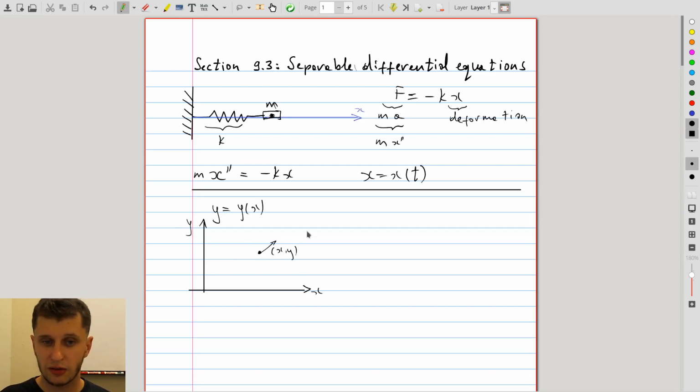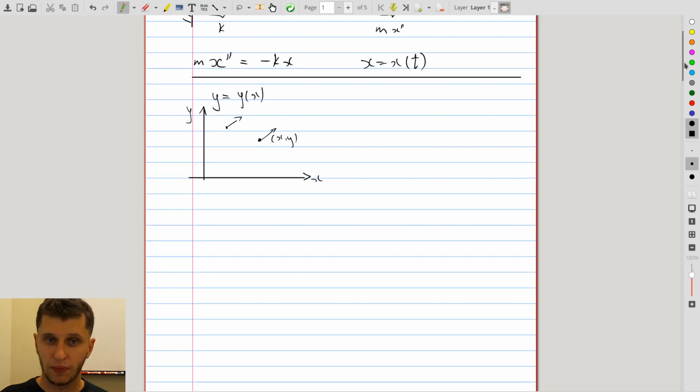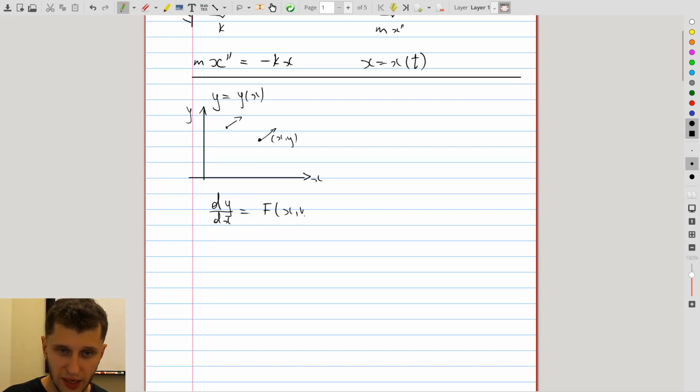And this vector that exists at every point in the plane will tell us the tangent to the curve, the y of x curve that passes through this plane. So in other words, what a differential equation is, it prescribes the slope of curves at every point in this plane as a function of location in the plane.